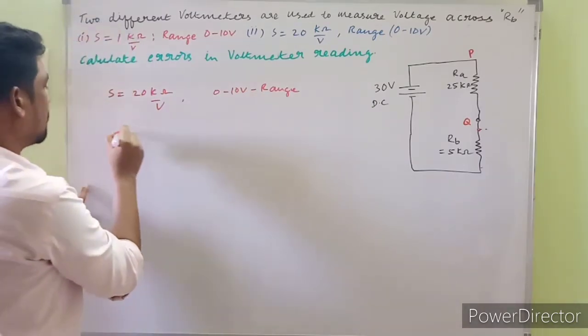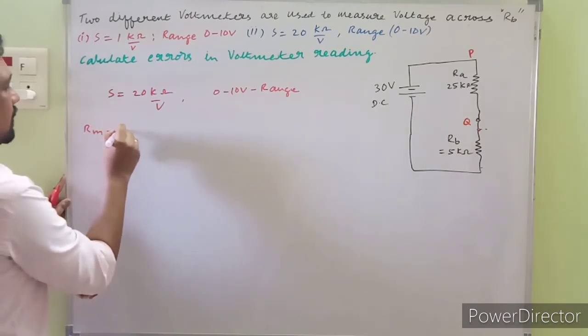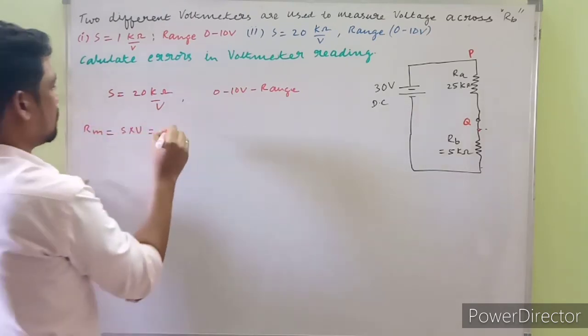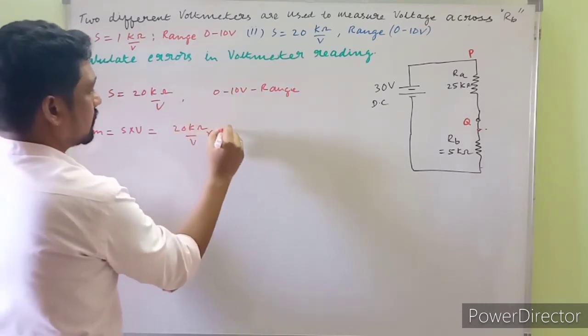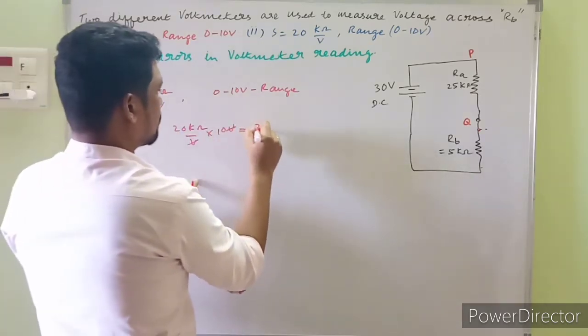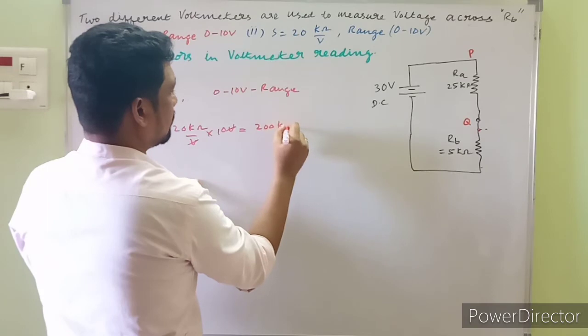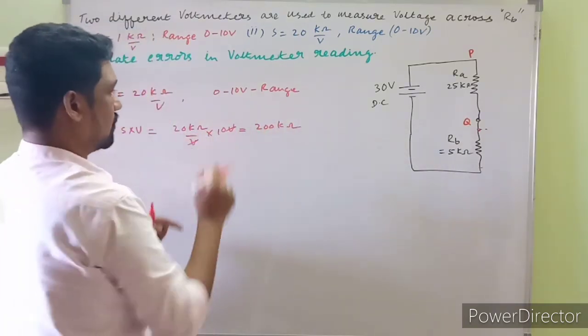So Rm, as in the previous expression, is S into V, which is 20 kilo ohm per volt into 10 volts. The volt gets cancelled, and 20 into 10 is 200 kilo ohm.